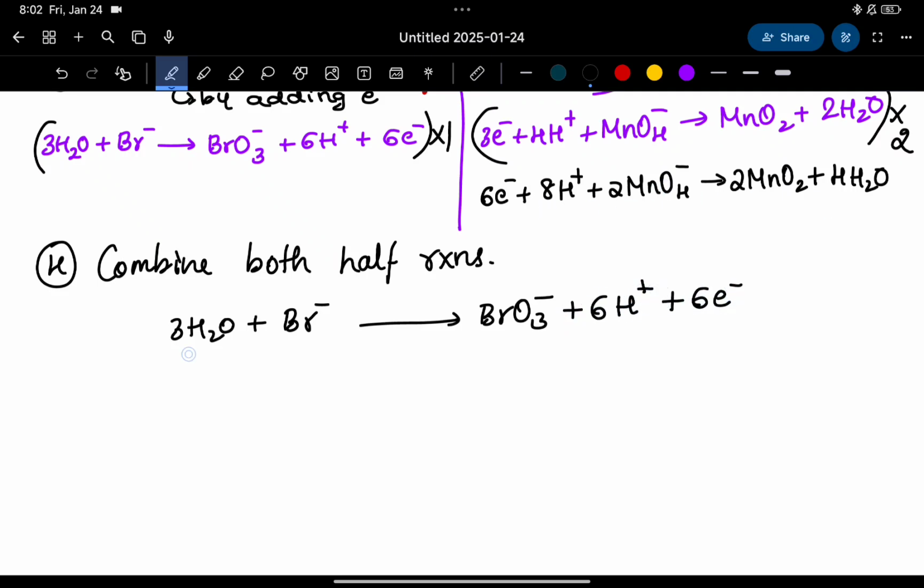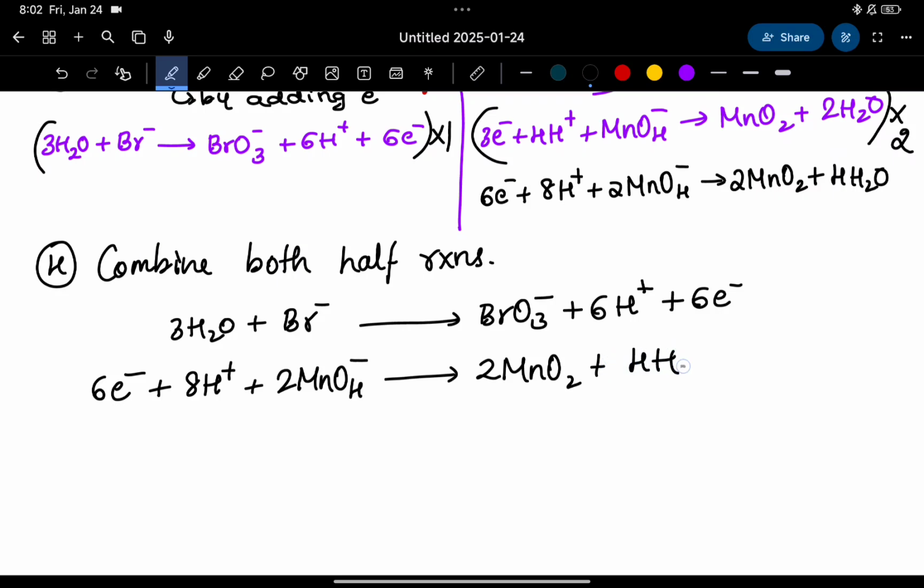Whereas here this is a reaction, that is 6 electrons plus 8H+ plus 2 MnO4- gives 2 MnO2 plus 4H2O. So this is the oxidation half reaction, this is the reduction half reaction.